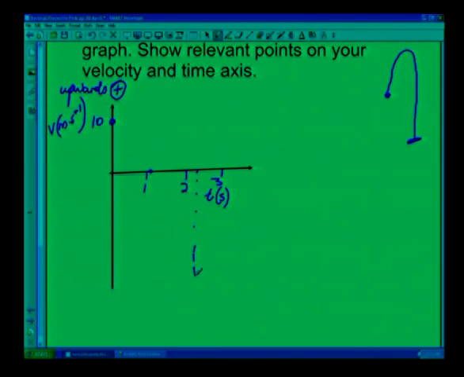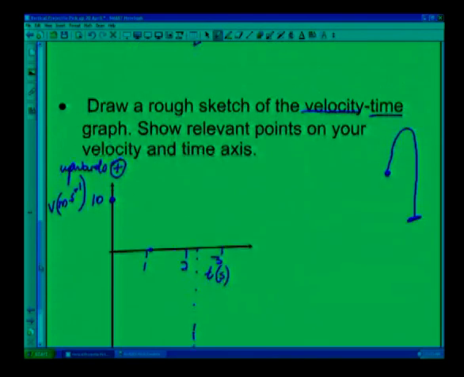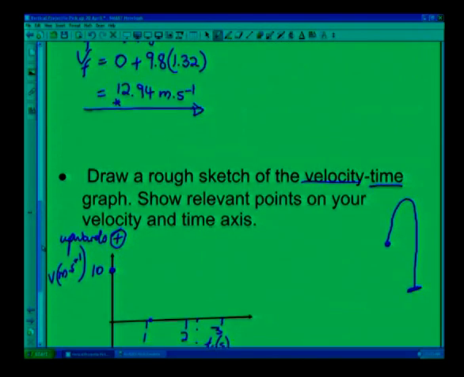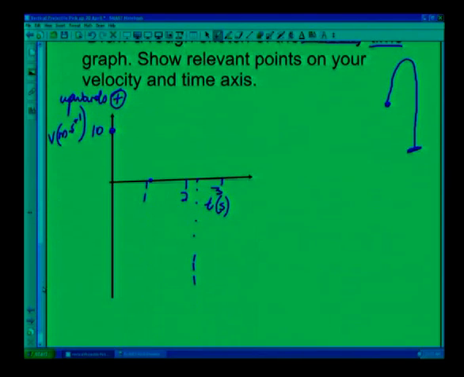And that velocity, we have calculated for it. We found it to be what? 12,94 meters per second. And it is negative because it's now downwards. So I'll say minus 12,94 meters per second. So at this point there, the ball is hitting the ground, okay? I'm trying to make it so that I have my straight line here.